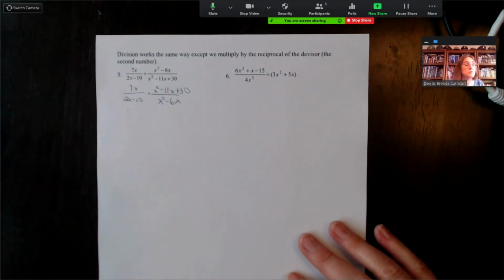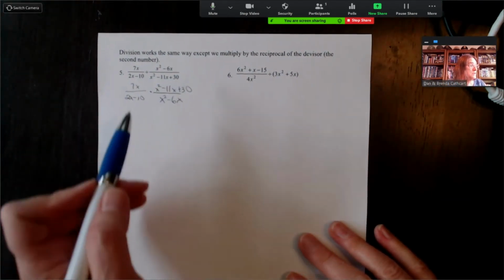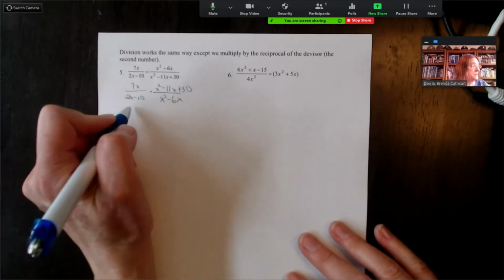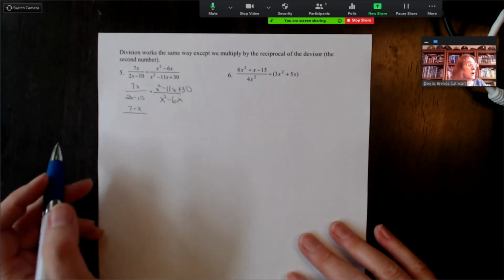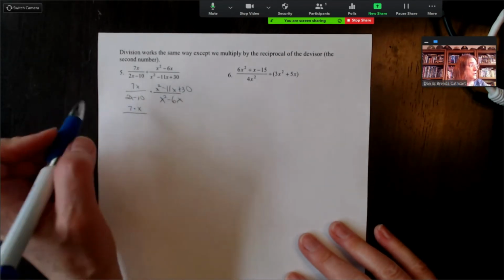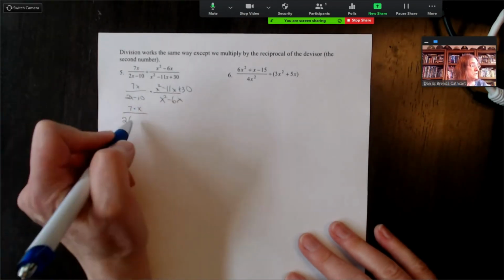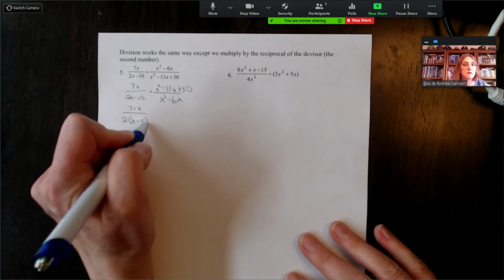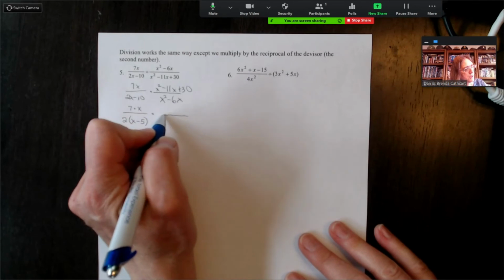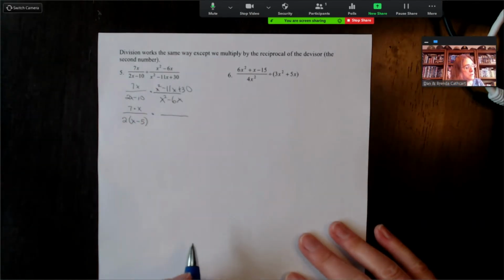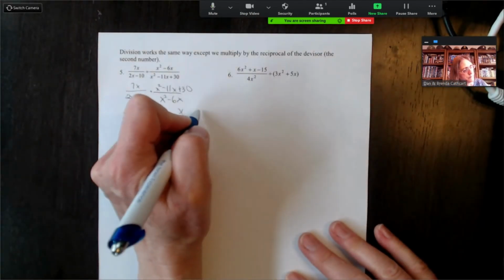Now we want to factor just like we did before. 7x is really two factors. It's the factor 7 and the factor x. And in our denominator, we have a common factor of 2. So factoring out the 2 gives us 2 times the quantity x minus 5. And in our second expression, we have a trinomial, which factors to 2 binomials.